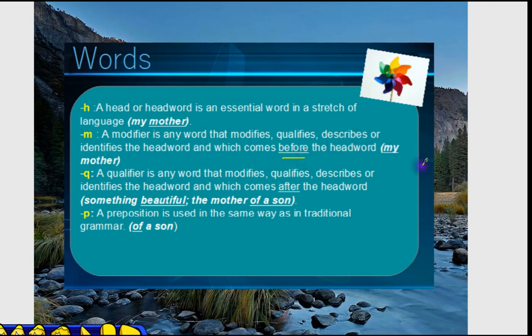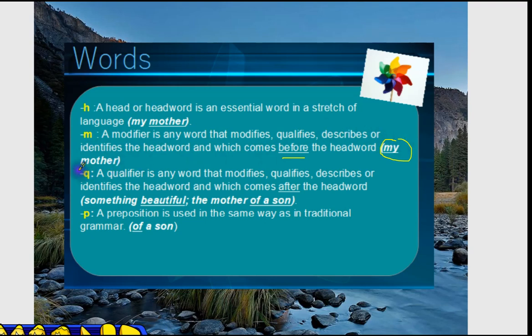My mother. Mother is the head word here, so my is the modifier here. And this one is a possessive adjective, a pre-modifier, if we were talking about morphology and structural grammar analysis. So a modifier, M, for this type of grammar, systemic functional, is an attributive adjective.